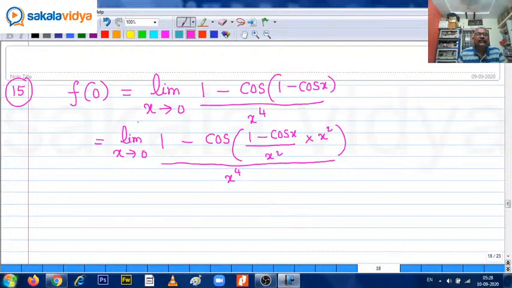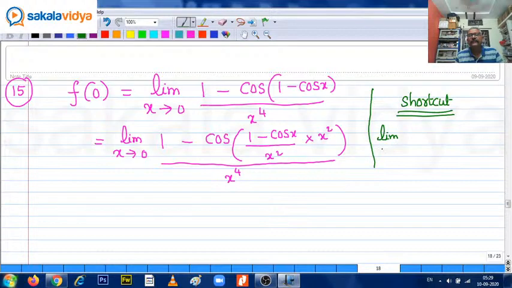We have a wonderful shortcut, which we already discussed. This is the shortcut we need to remember: the limit as x tends to 0 of (1 minus cos mx) upon x square is m square by 2.